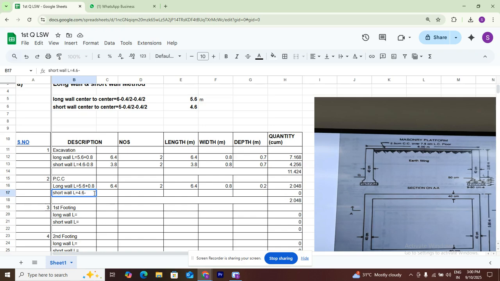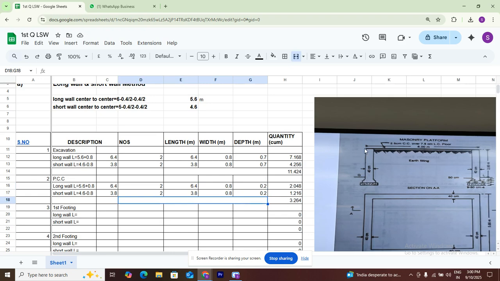That's why we need to deduct, 3.8. Number of walls is two short walls. Same thickness, thickness will remain the same. That's why I'm copying and pasting. Total PCC is 3.26 cubic meters of PCC work.